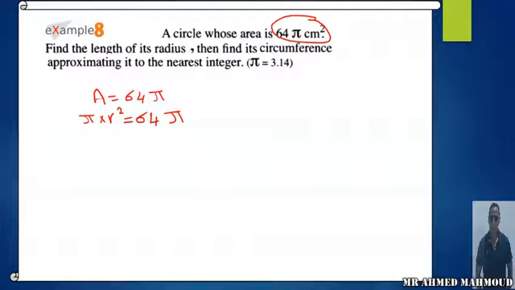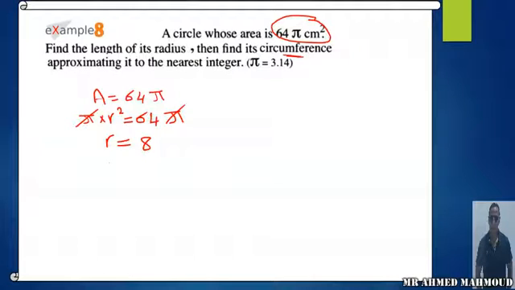Now we have here pi in both sides. Then I will cross pi from both sides like this, and r power of 2, I will take the square root to both sides, then r equal square root 64, which is 8. Okay, this is the first step. Okay, now I need to find its circumference.